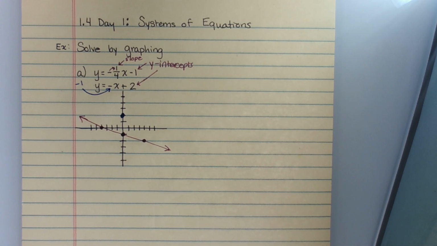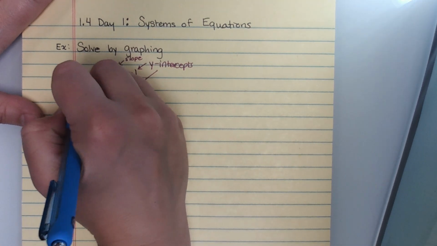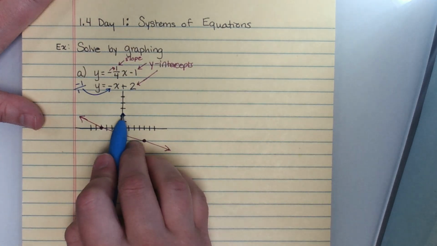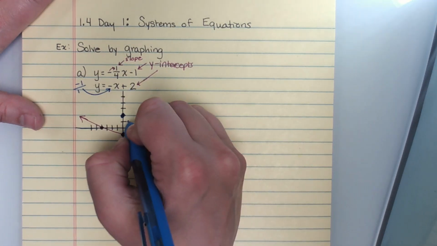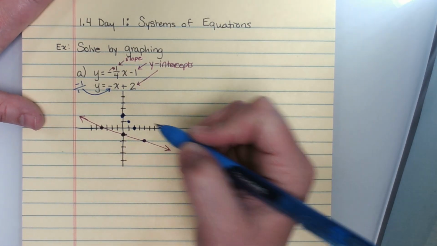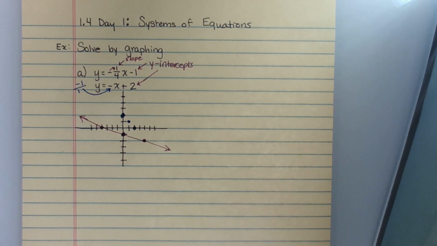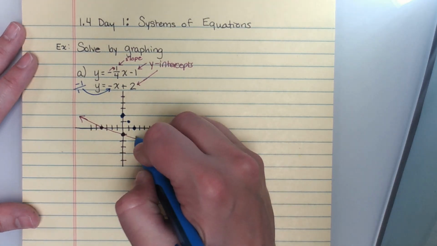If it's not a fraction, how do I do it as a rise and a run? 1 over 1. I put it over 1, negative 1 over 1. Negative 1's down 1, positive 1 is right 1. I technically do as many of those dots as necessary to reach the other graph.